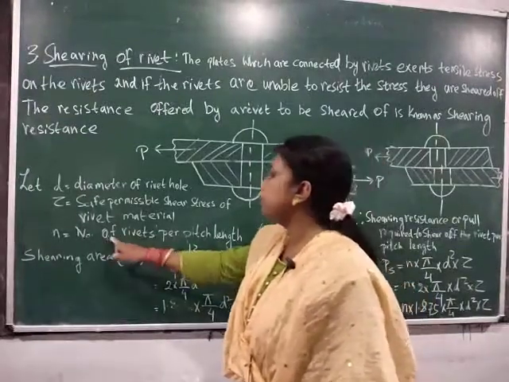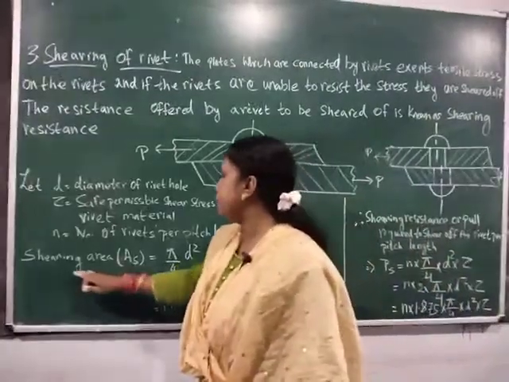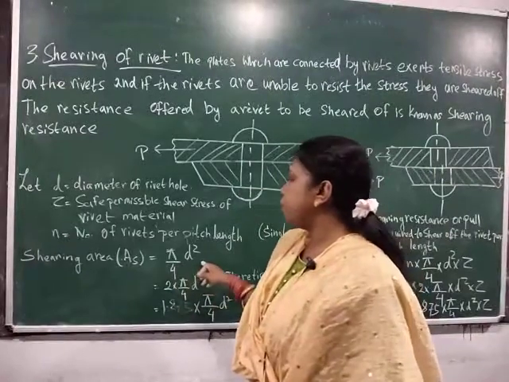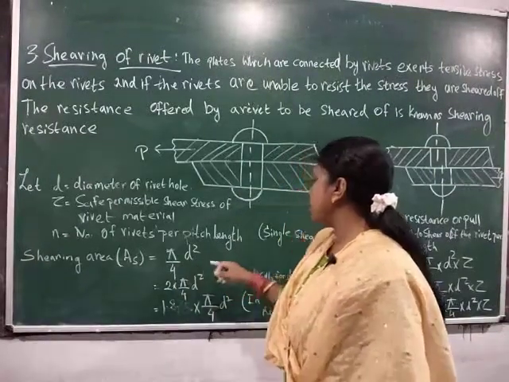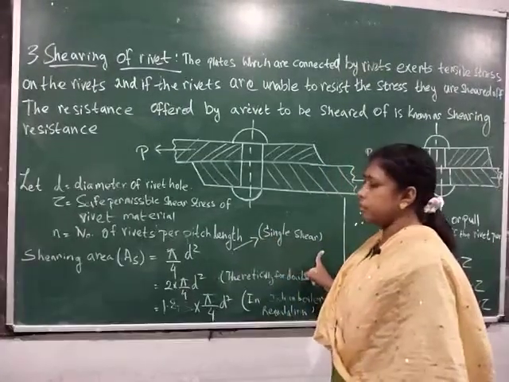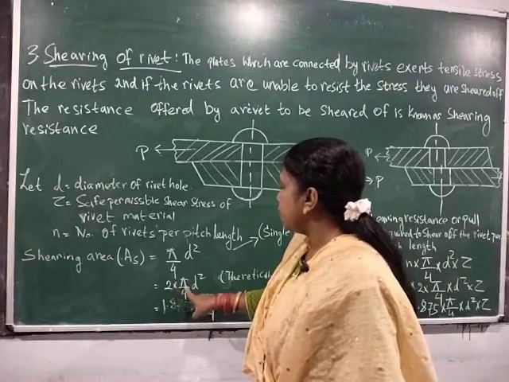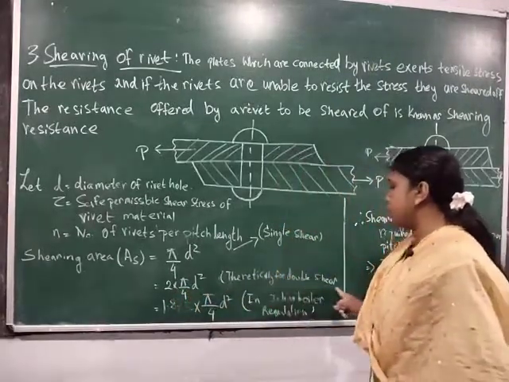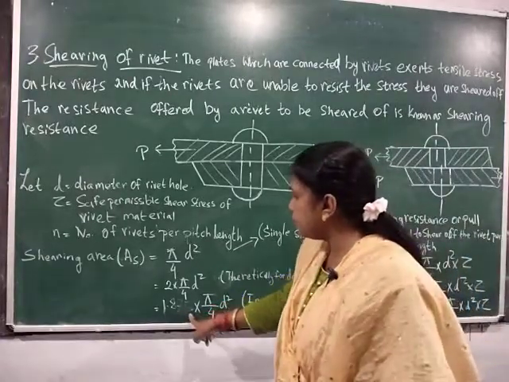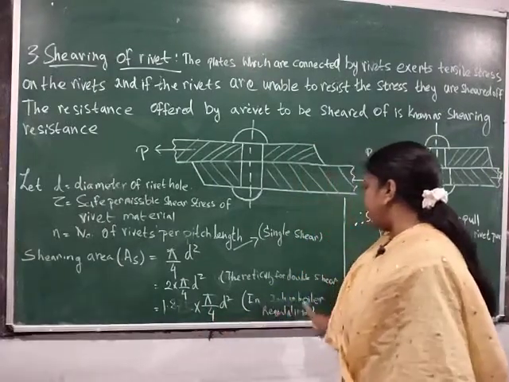Here shearing area is denoted by AS, that is equal to pi by 4 d square for single shear, and if multiplied by 2, this is for double shear. And it is 1.875 into pi by 4 d square according to Indian boiler regulation.